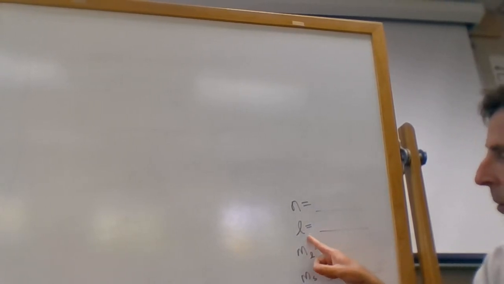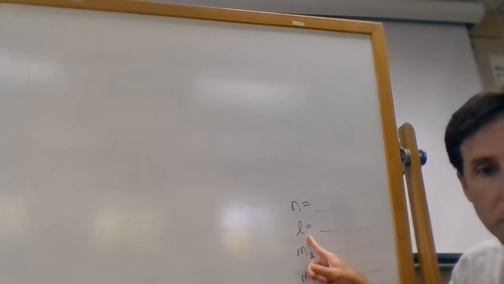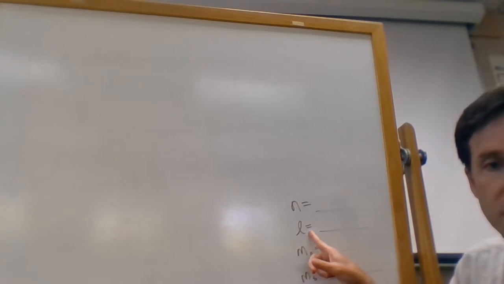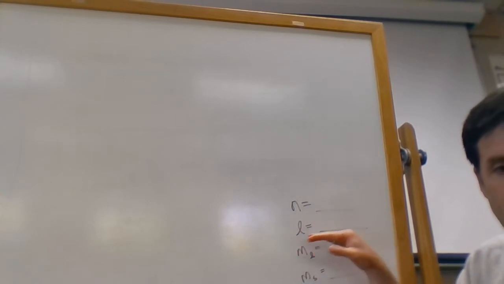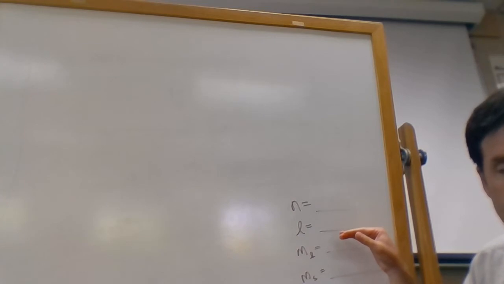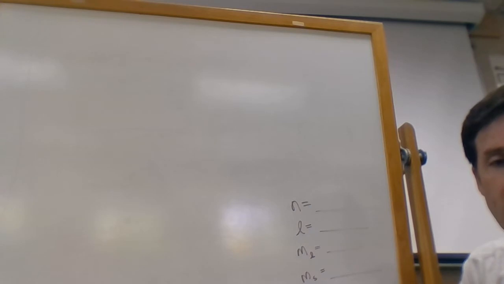But the angular momentum quantum number is the one that defines the shape of the orbital. So this is the one that's going to determine whether you have an s orbital or a p orbital or a d orbital. Okay? So n is the shell or energy level. L tells you the type of orbital, s, p, d, or f. And remember that L can go past f. Theoretically, there could be a g orbital or an h orbital, or you could even keep going.